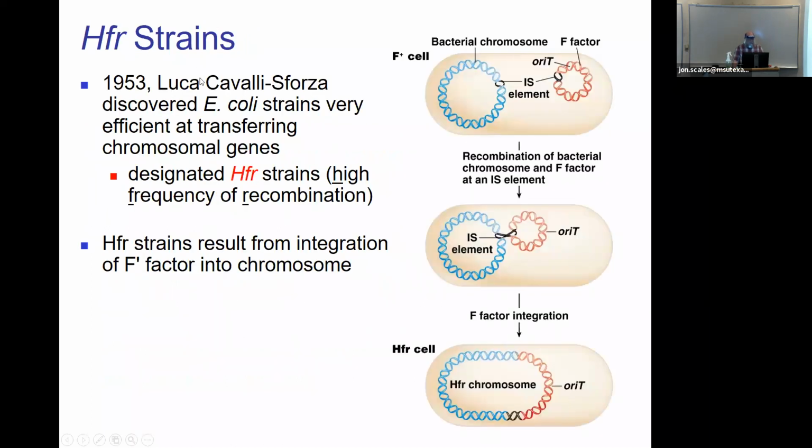And then this dude, Luca Cavalli-Sforza, discovered some bacteria that had accidentally gotten the entire F plasmid inserted into their chromosome. Okay. Big chromosomal problem for the F plasmid, because now the F plasmid can't transfer itself to another cell.